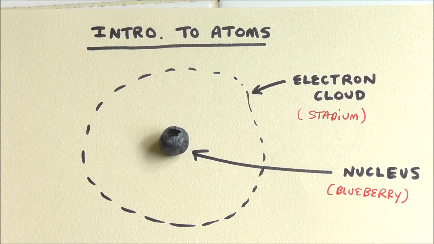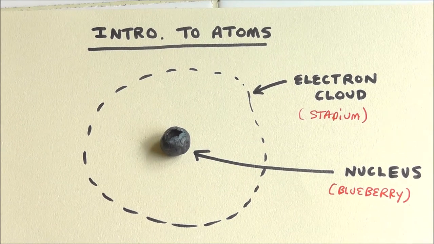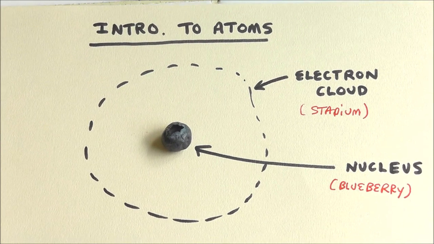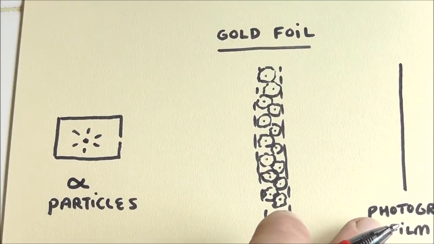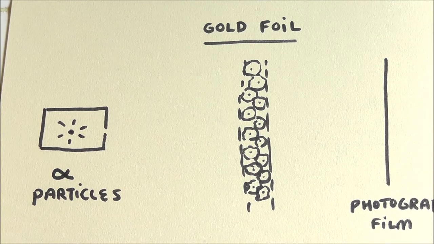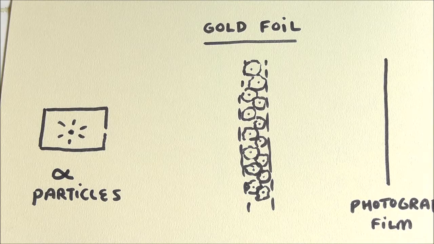Okay, well, I will tell you a story of Ernest and the golden foil. Once upon a time, there was a man named Ernest Rutherford. He was from the same place where Lord of the Rings was filmed, but that's not really all that important.